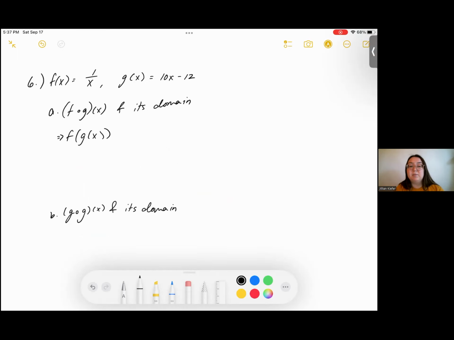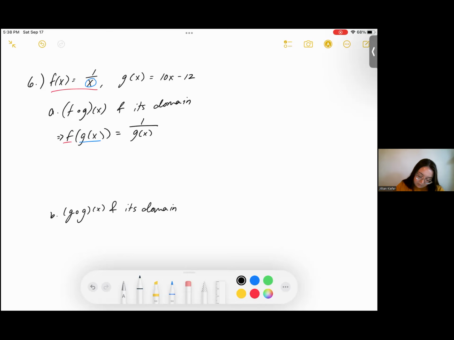And that'll help us simplify our function a little bit. So we start with the outer function being f of x here. We are replacing the x with g of x. So our function f of x is 1 over x, but instead of x, we just write g of x. So our function f of g of x is 1 divided by g of x.